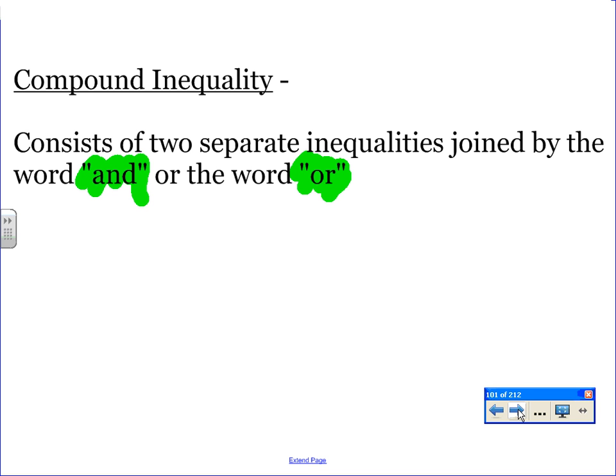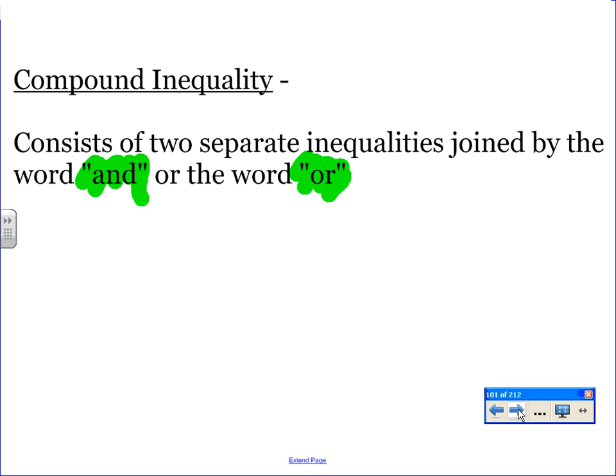If it's an and compound inequality, it's connected in the middle because x has to be between two numbers. If it's an or compound inequality, x is either going this way or x is going this way. X is going in one direction or the other.